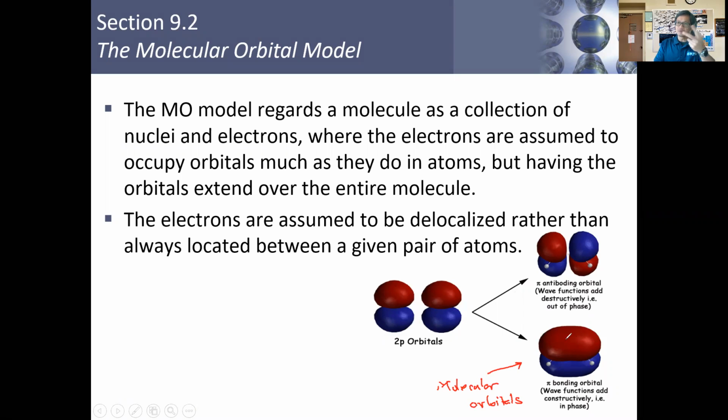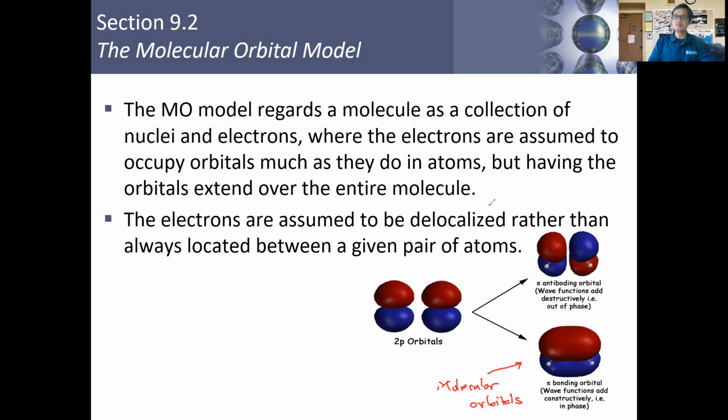The key difference between hybrid orbitals and molecular orbitals is that hybrid orbitals stay localized between two atoms, and with hybrid orbitals it's one atom taking its atomic orbitals and hybridizing them, making something new. With molecular orbitals, it is two atoms sharing their atomic orbitals and using them to come up with something new.